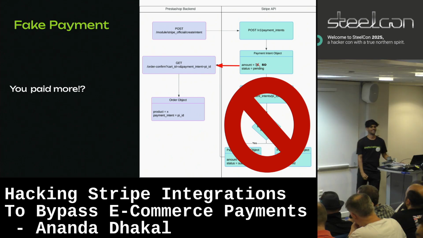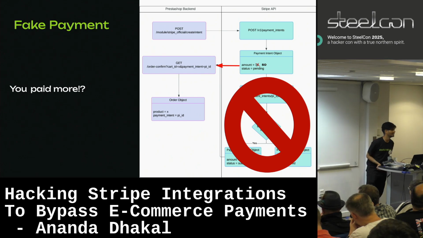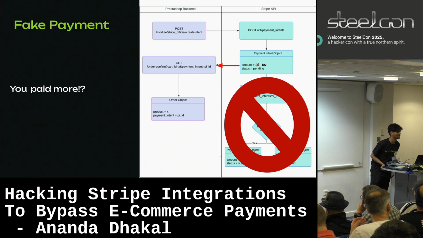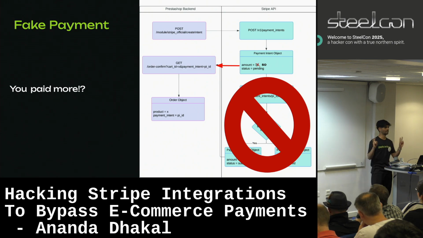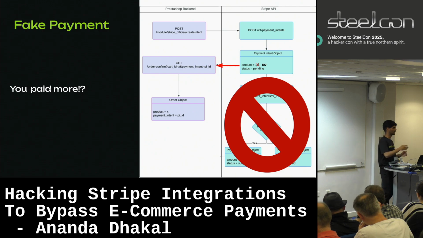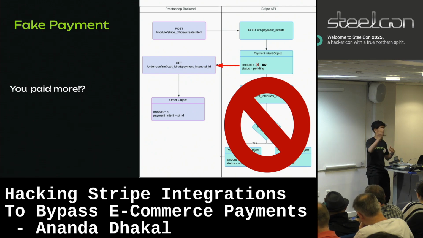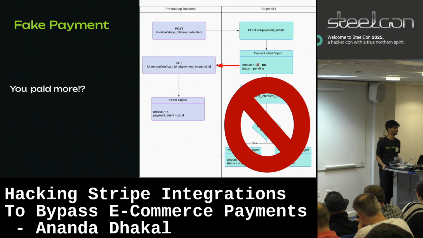But why is that code there in the first place? Why do you think that code was there in the first place? Maybe to prevent payment bypasses or something. Yeah, because maybe you pay a specific amount and then the price of the product goes higher or lower. I'm not sure why.